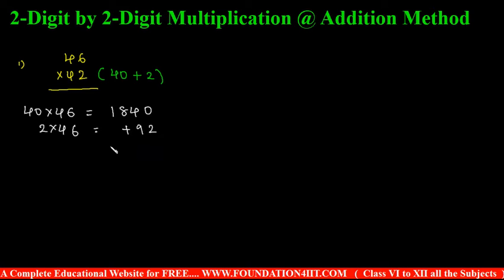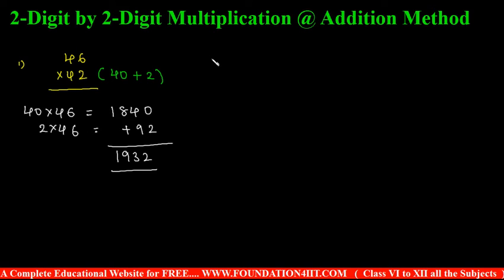We can add these numbers with internal calculation, whichever method you like. We discussed addition of numbers at the start, so use that concept: 1840 plus 92. So 1840 plus 90 is 1930, plus 2 is 1932. This work should be done internally. That is the main important thing.